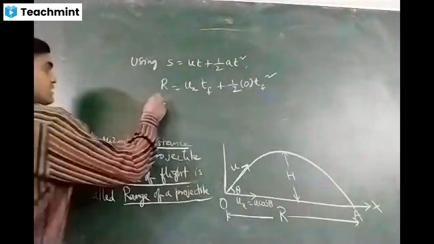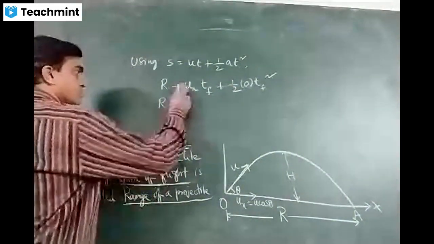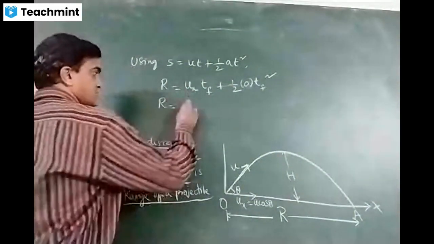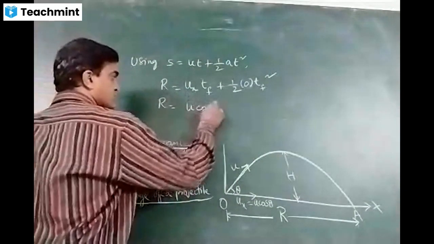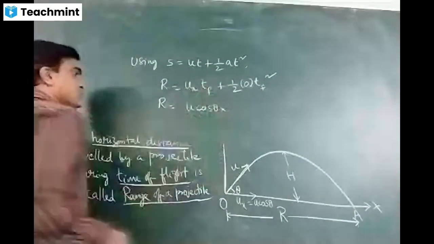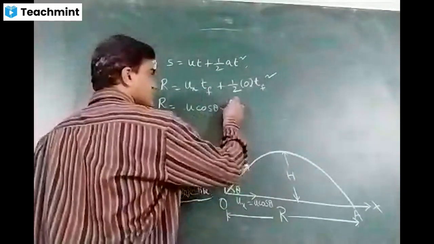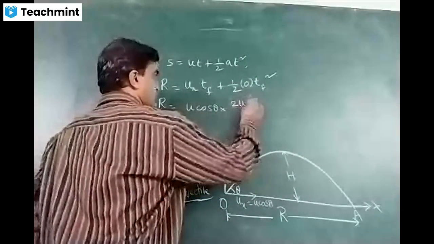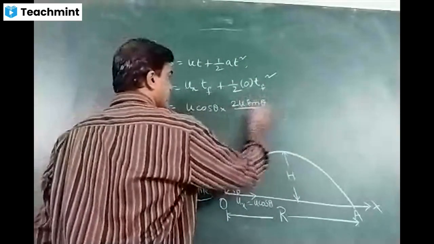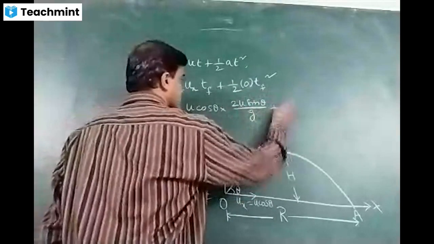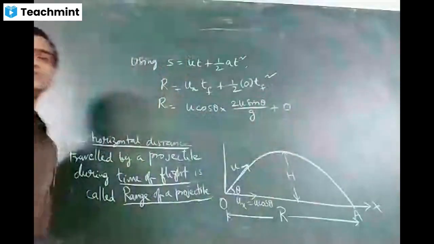Finally, R is equal to Ux Tf, which is u cos theta into the time of flight formula we got just now, 2u sin theta by g, plus 0.